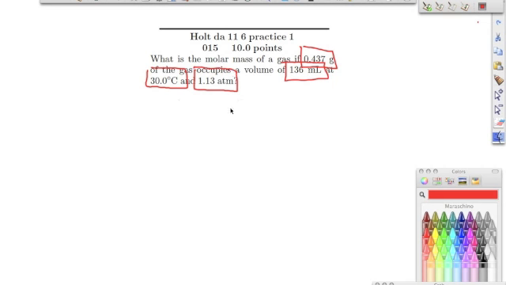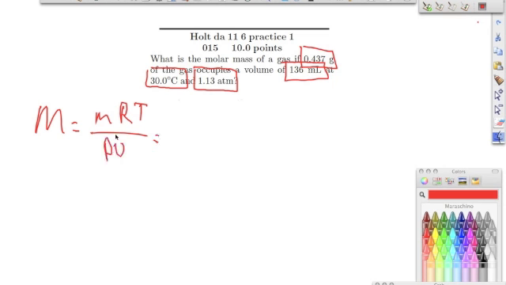The main thing with this is we have to make sure that we have the correct units. We're going to be using a version of the ideal gas law. The equation we're going to be using is molar mass equals mass times the ideal gas law constant times our temperature all over our pressure times volume.